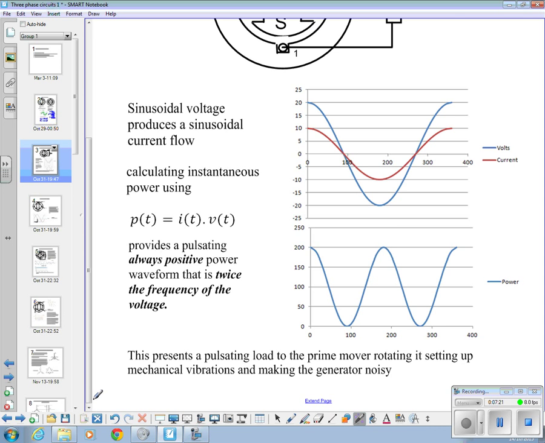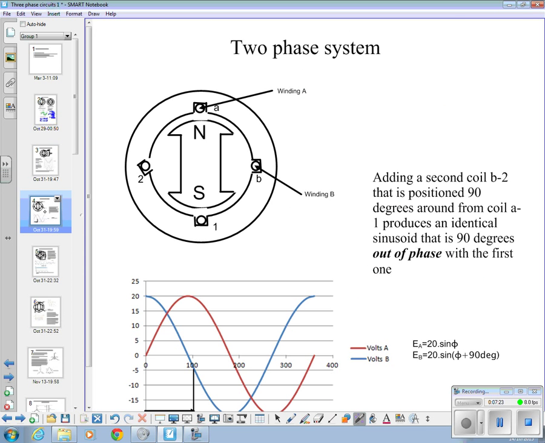If we go ahead and add a second winding, 90 degrees out of phase with the first one. So here's our A and B we had in the first place, there and there. And then we'll put another winding there and there. So we've got that 90 degrees out of phase with that.